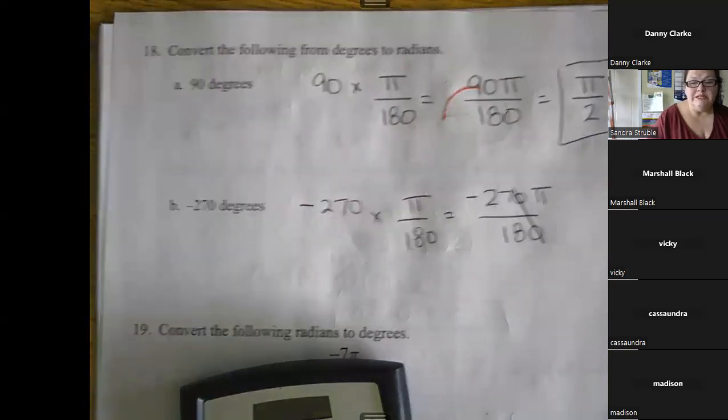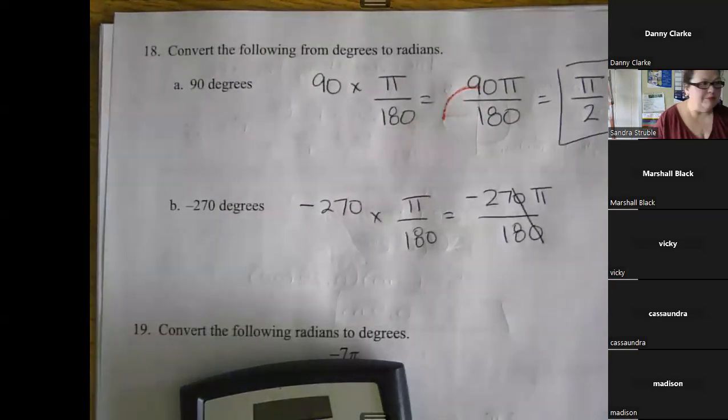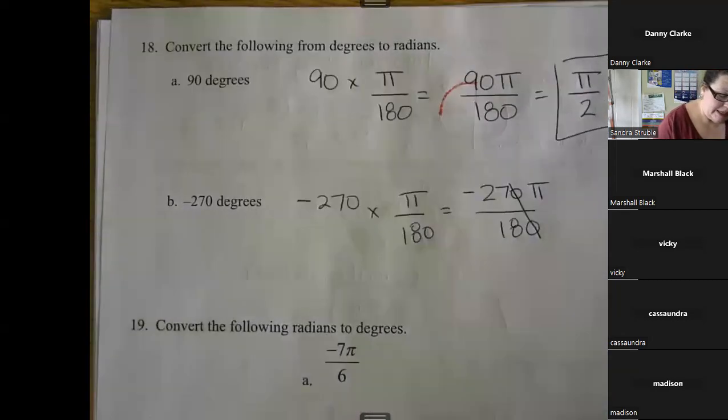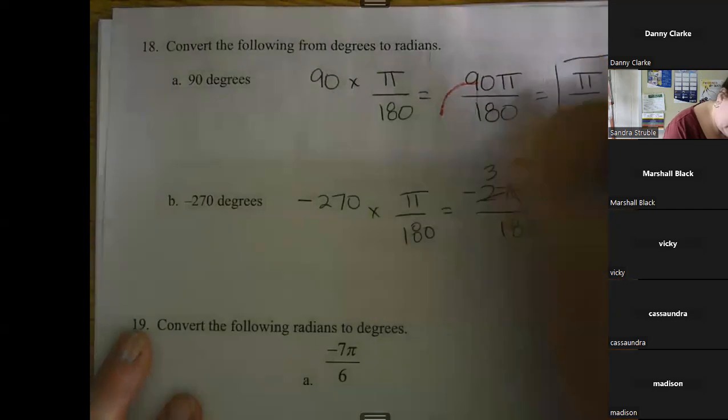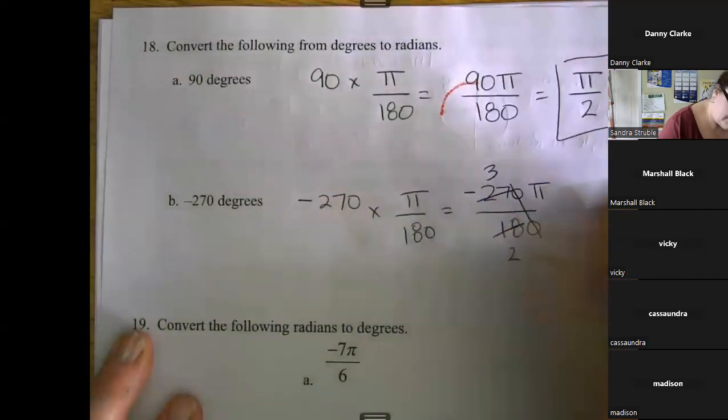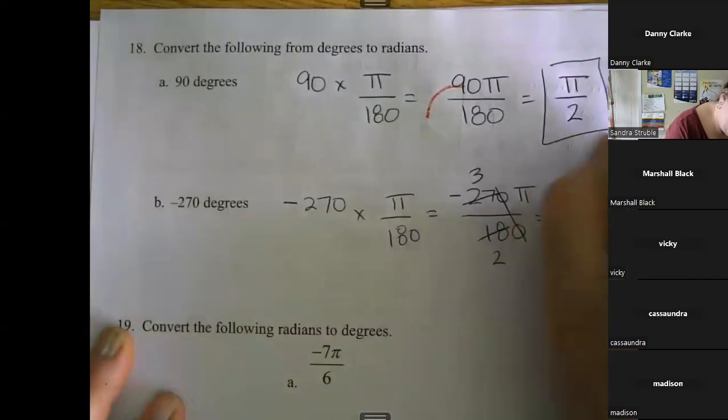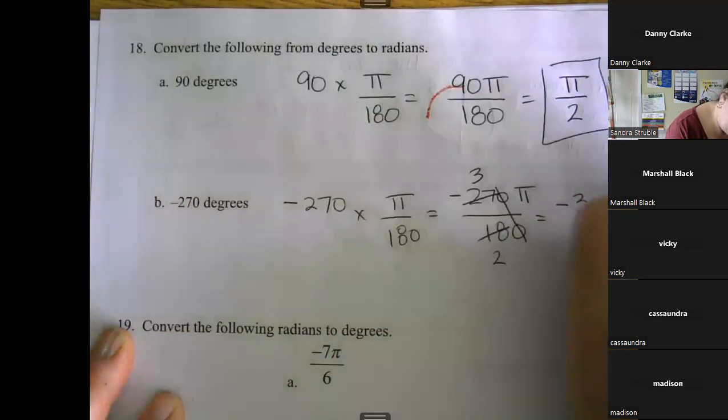What number will go into 27 and 18? That's what I have to ask myself. 9? Will 18 go into 27? Because 18 times 2 is 36. So I'm going to go to probably 9. I'm going to start breaking it down. 9 goes into 27 3 times, and 9 goes into 18 2 times. So that's equal to negative 3 pi over 2.